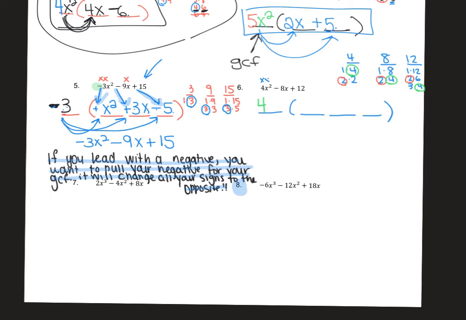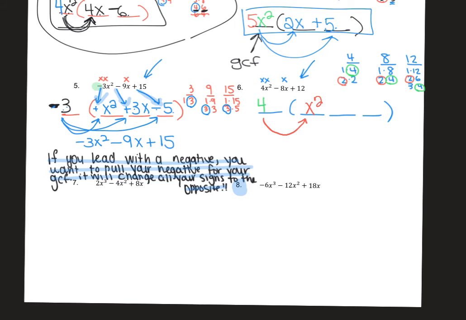This one has an x and an x. This one has an x. This one has nothing. Because that one has no x's, no variables, I cannot put it as a part of my GCF. So I'm ready to go. 4 times what will get me 4x squared?